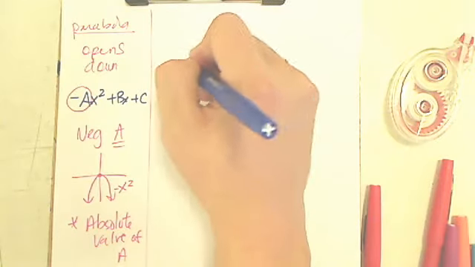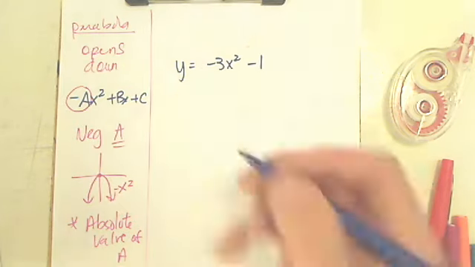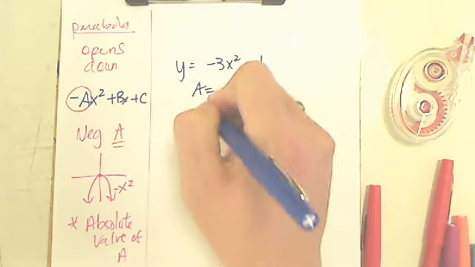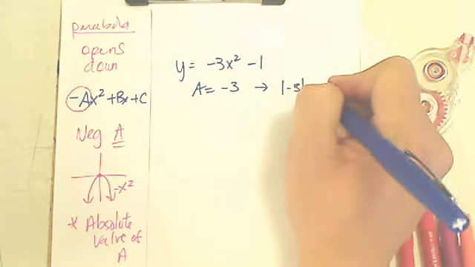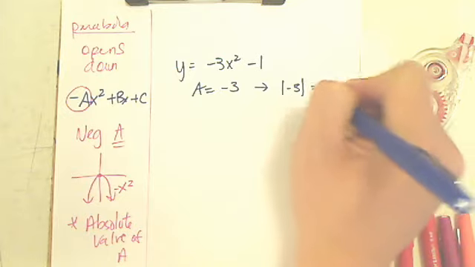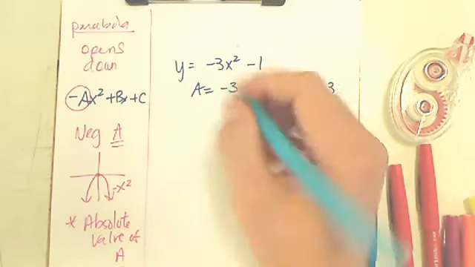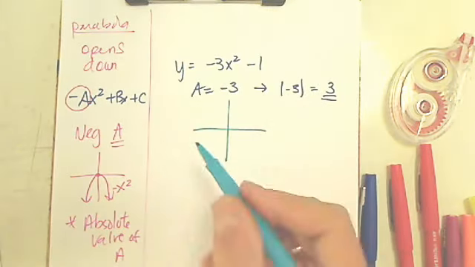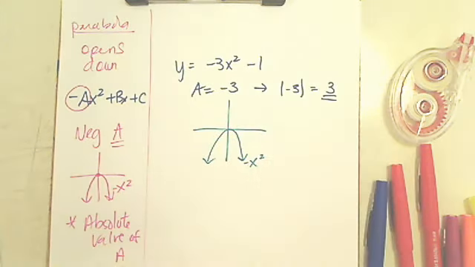What does that mean? For example, y equals negative 3x squared minus 1. Aisha, what's my A? A is negative 3. What's the absolute value of negative 3, the distance from 0? How far is negative 3 from 0? 3. Think back to what we talked about earlier. If the A is negative, the mother function opens down, at negative x squared.